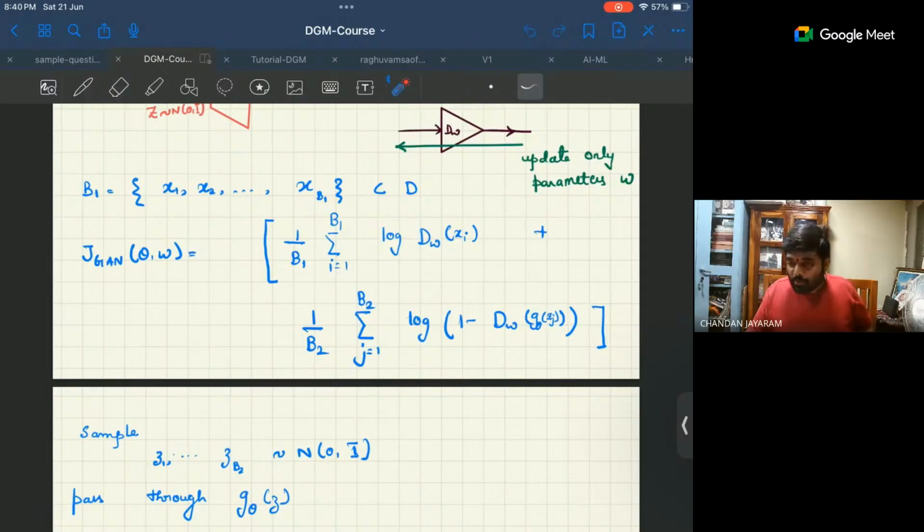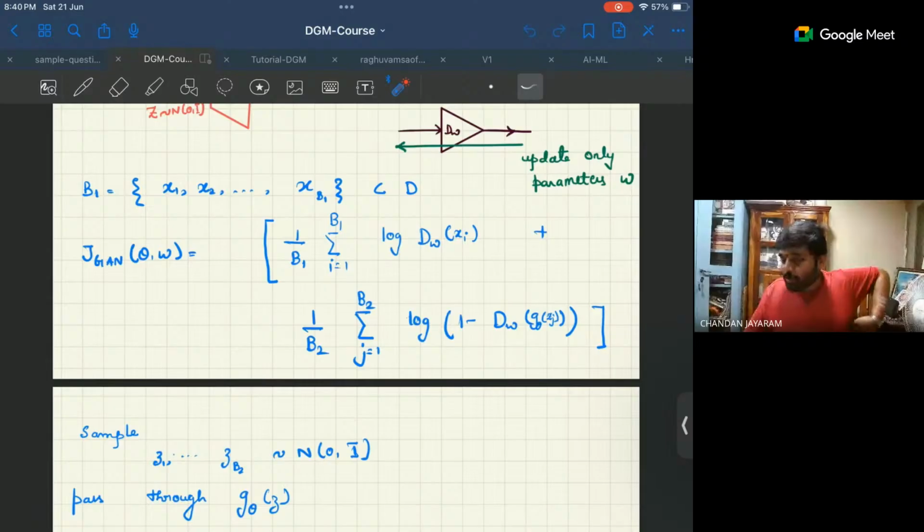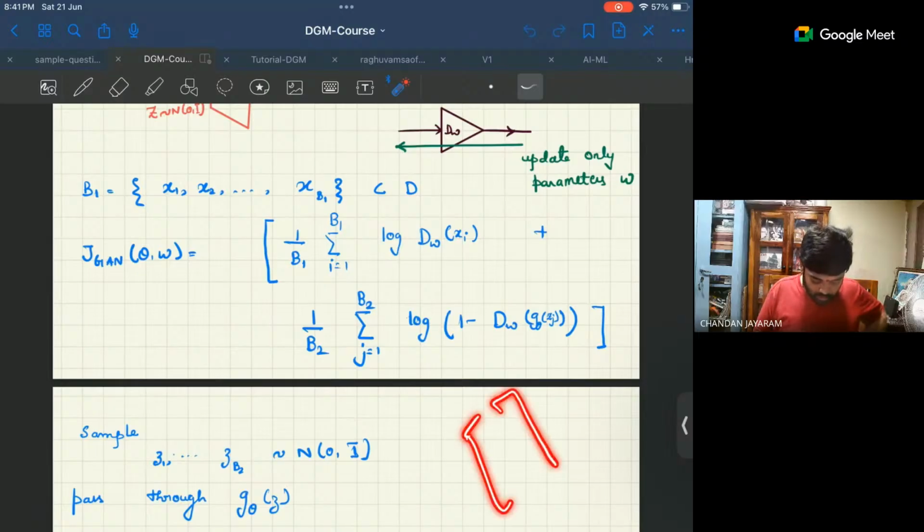I marked total value 0, but then I think I got it. Now think of it like this. For the real image, consider this as the one hot encoding.